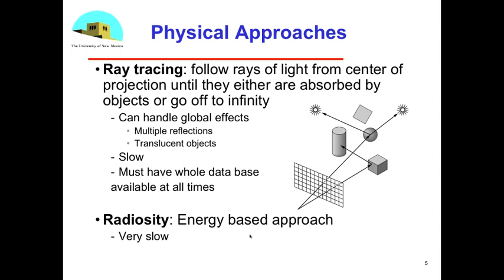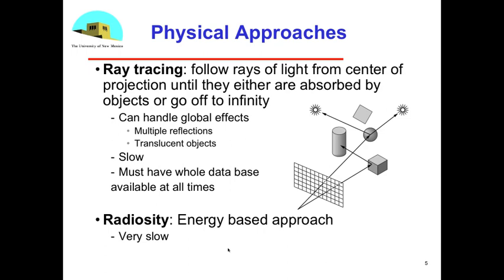Now, another approach we'll look at, and there are a couple of variants of this we'll see at the end, is called radiosity. It looks at this again from a physical point of view, but more of an energy balance point of view. If we look at what's happening in a room, light sources are putting out energy.